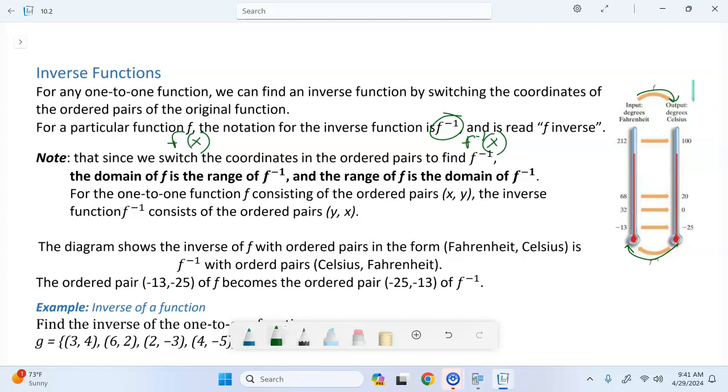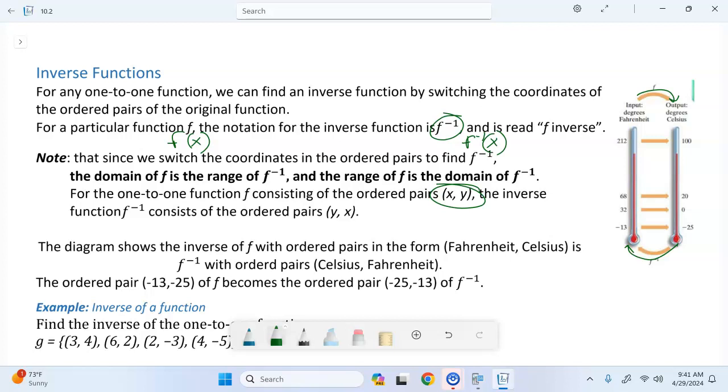When we switch the coordinates of ordered pairs, because we're changing the x and the y, since domain represents all the x values and range represents all the y values, when we switch x and y, we're also switching domain and range. So domain and range will switch. If I have an ordered pair on one function, I can switch the coordinates and I have an ordered pair for the other function. So we can see that relationship back and forth.